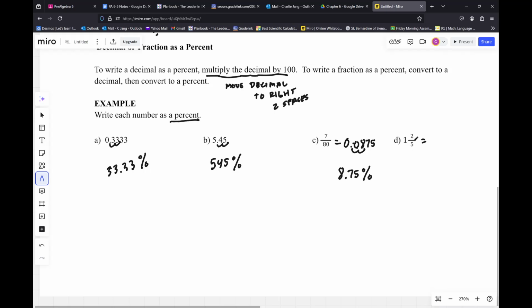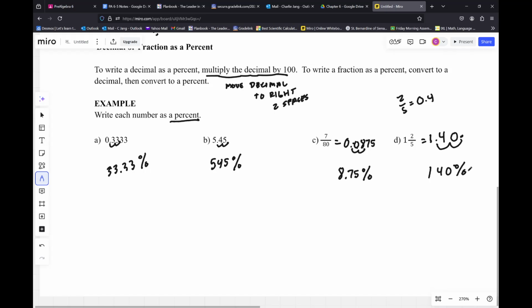Similarly, 1 and 2/5. 2/5 is equal to 2 divided by 5, or 0.4. So this becomes 1.4. Okay? And if we move this 2 decimal spaces right there, notice this is where our decimal is. There's an empty space here. We got to fill in the empty space with a 0, and we get 140%.